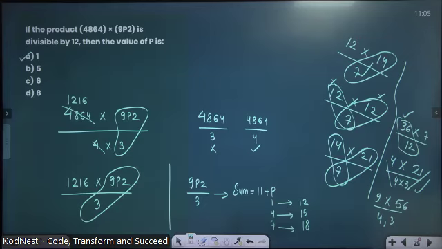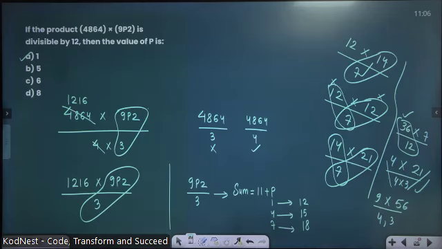Jankiram, what will happen if I take p equal to 1? It will become 12. 12 is divisible by 3. What will happen if I take 4? If I take 4, 16, not 16, 15.